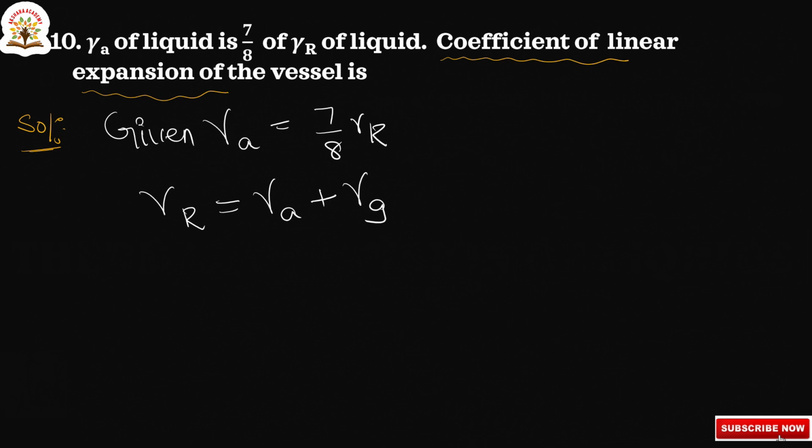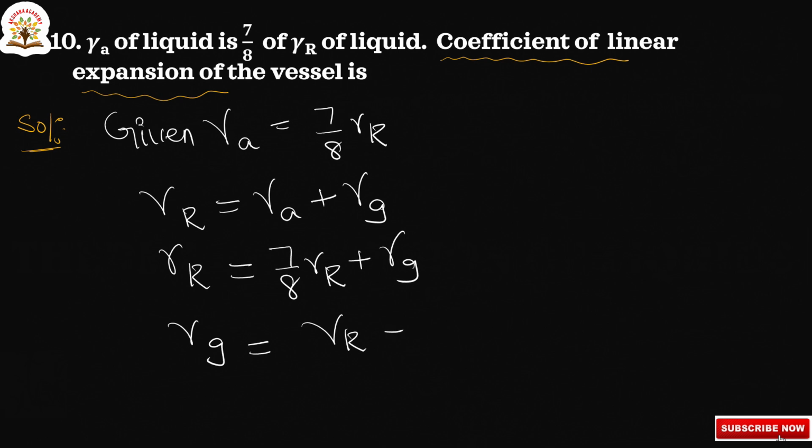So, gamma R is equal to gamma A plus gamma G. Gamma R is equal to gamma A, which is given as 7 by 8 gamma R, plus gamma G. So, gamma G is equal to gamma R minus 7 by 8 gamma R. Here we are taking LCM, 8 gamma R minus 7 gamma R, that is gamma R by 8. So, gamma G is equal to gamma R by 8.